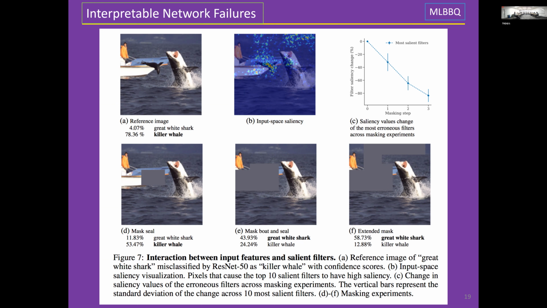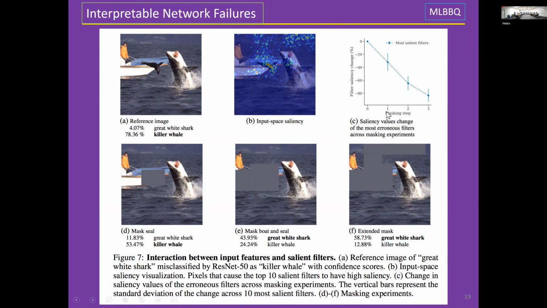So they conducted an experiment on what happens if they mask out these salient regions in the input space. For example, panel A is the reference image misclassified as killer whale, and B is the input space saliency visualization, as we have already talked about. Pixels that cause the top 10 salient filters to have high saliency. Then panel C is showing the change in saliency values of the erroneous filters across masking experiments.